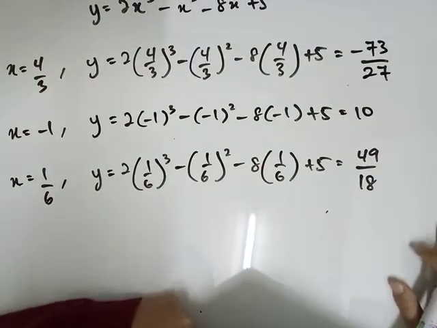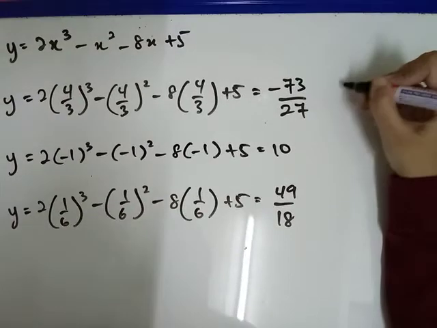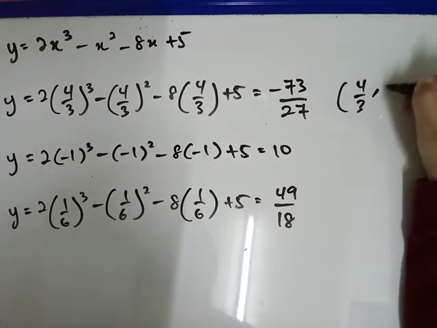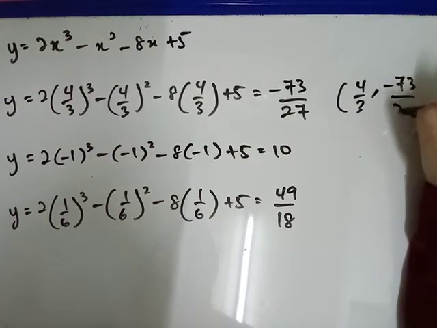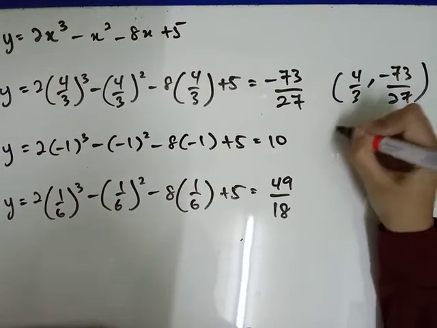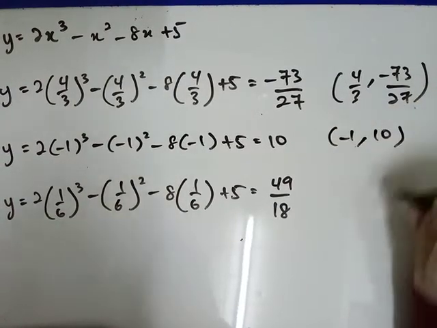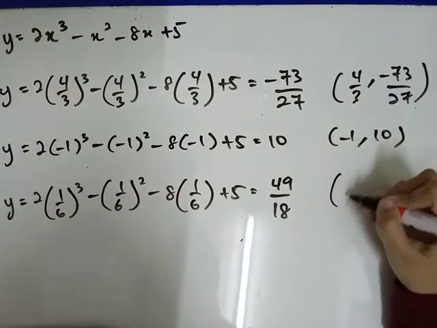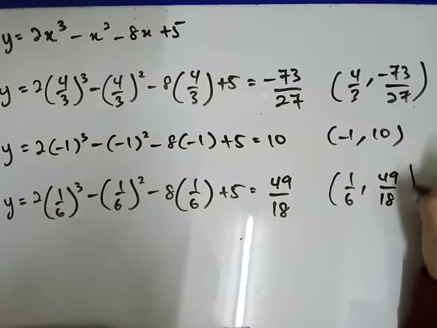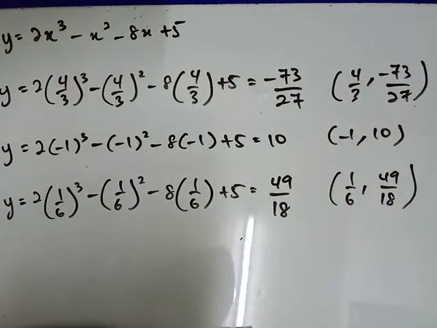So the maximum point is 4 over 3, negative 73 over 27. For the minimum point, negative 1, 10. For the inflection point, 1 over 6, 49 over 18. So we have 3 points here.